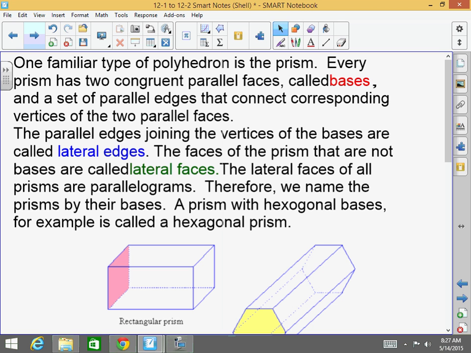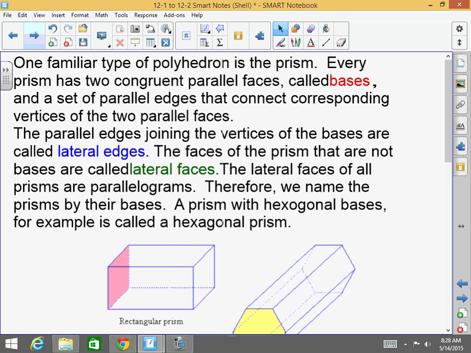Now, one familiar type of polyhedra is the prism. Every prism has two congruent parallel faces called bases, and a set of parallel edges that connect corresponding vertices to the two parallel faces.